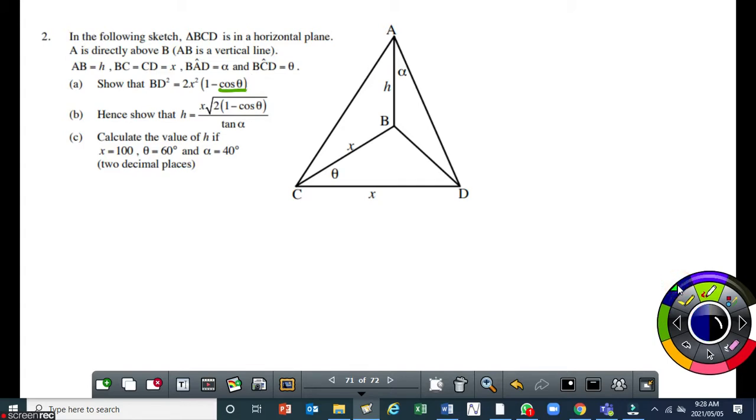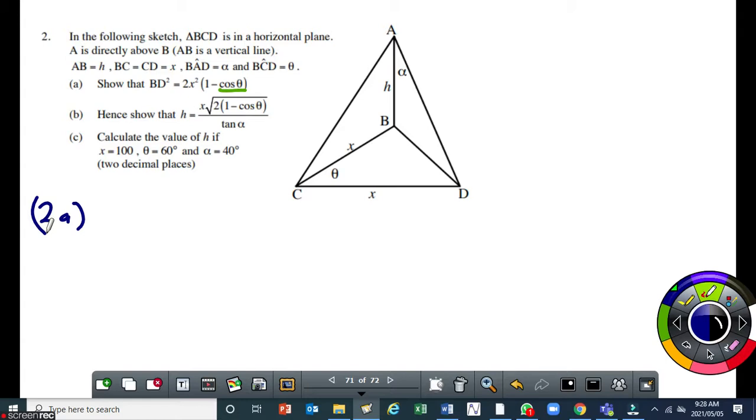Right? So I'm just going to use my knowledge of cosine. So BD, if this is BD, it's part of triangle BCD, and BCD is not a right angle triangle. Therefore, I have to use the cosine rule.